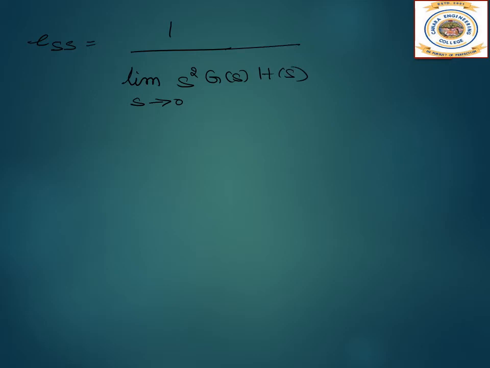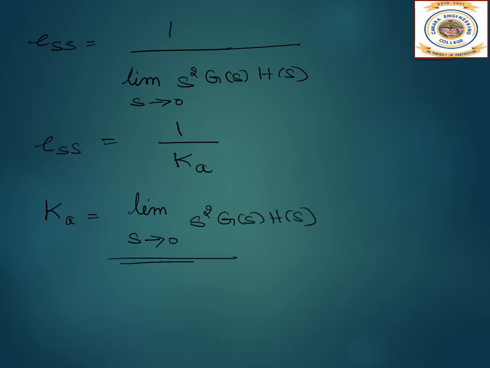So here I can write this as 1 by Ka. So this is the steady state error. What is Ka? Ka is given as limit s tends to 0 s square into g of s into h of s. This is the acceleration error constant.